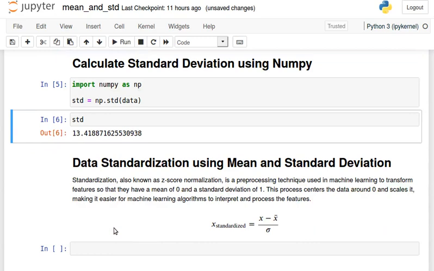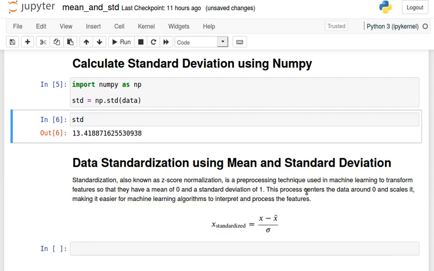Mean and standard deviation can also be used for standardizing the dataset. Standardization, also known as Z-score standardization, is a pre-processing technique used in machine learning to transform features so that they have a mean of 0 and a standard deviation of 1. This is kind of similar to normalization also.